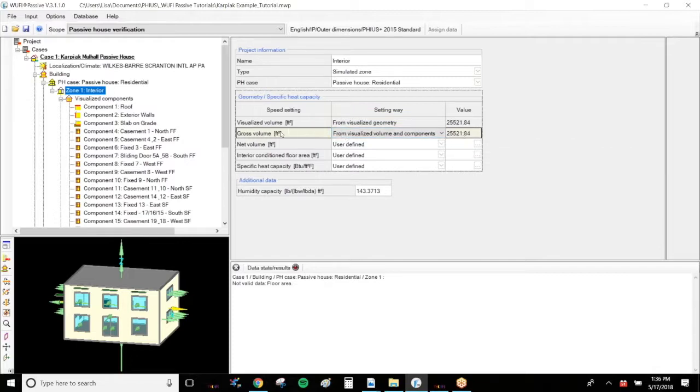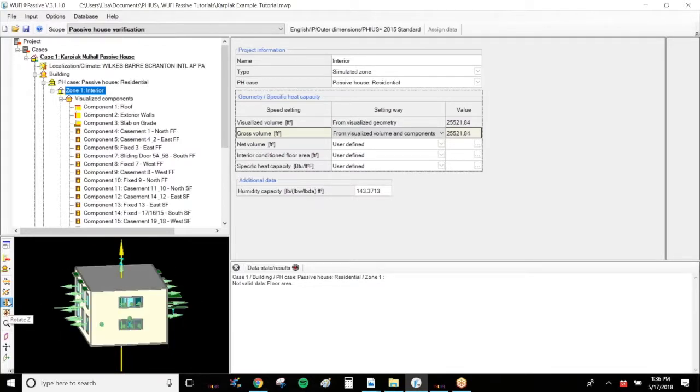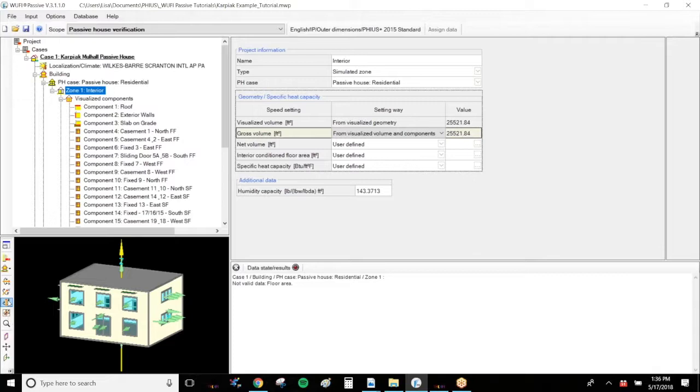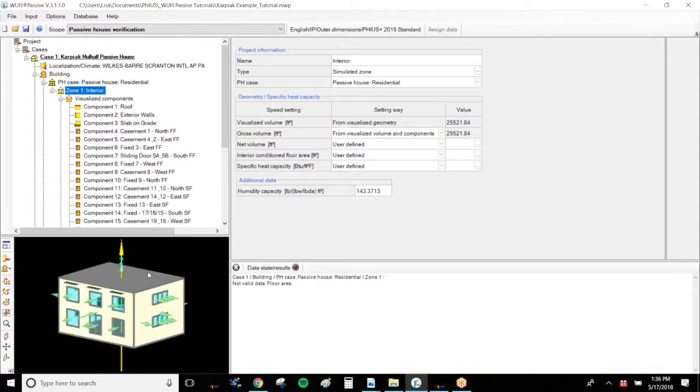My gross volume should be the same. But again, make sure this is what you'd expect for the gross volume. If not, it might be signaling that there's some sort of error in your geometry. Or potentially, if one of your components is facing the wrong way, it might detect an odd volume there because it can't figure out how it's all enclosed. So that gives you a signal that something could be wrong with your geometry.